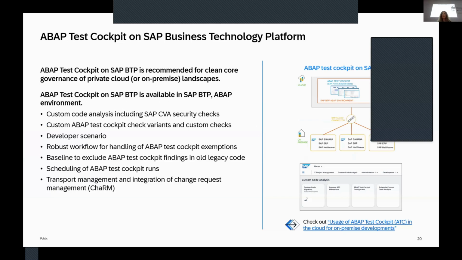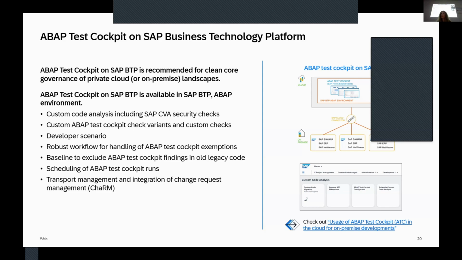So, summary: ABAP Test Cockpit on BTP is full-featured. The main features are there. We really recommend it for clean governance of your private cloud or on-premise developments. You have all the necessary features in place. Of course, it's not realistic to rebuild all the features which are available in SAP GUI ATC, but still the most essential features are there. You can execute custom code analysis.